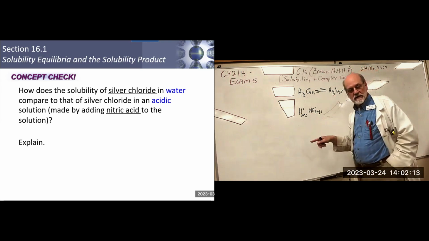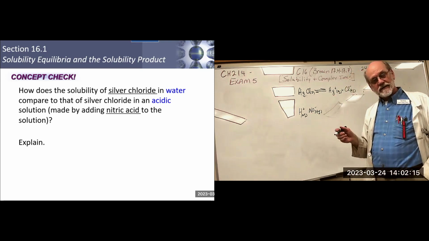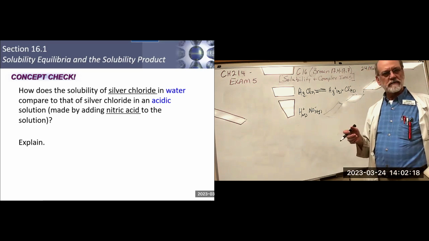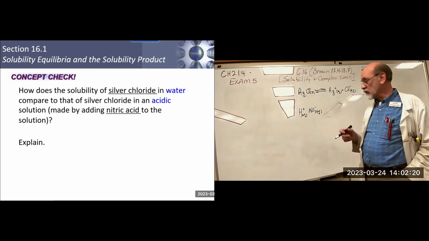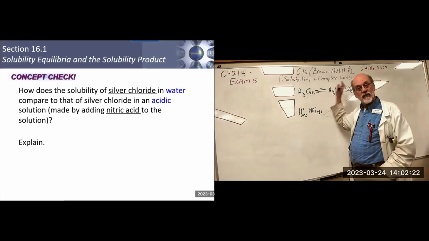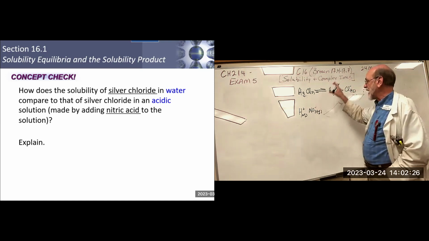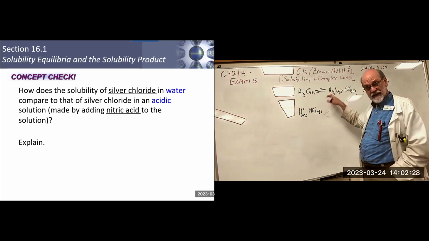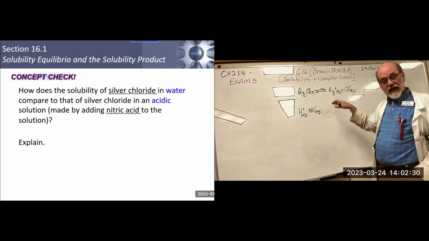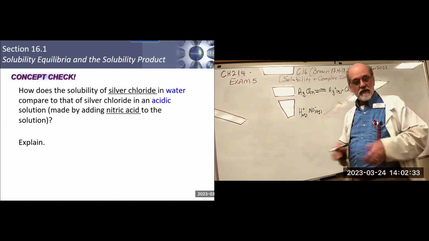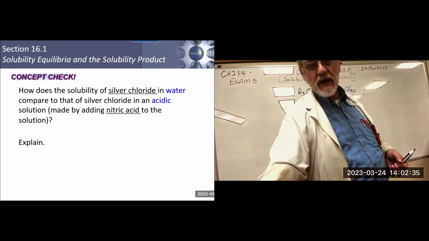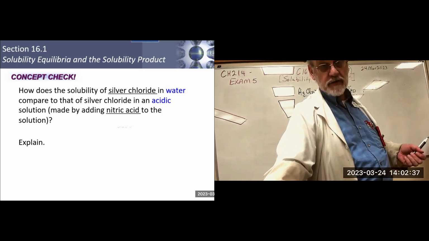How about this one? Silver and nitrate. How do they react? Well, if you look it up in your solubility chart, you'll find that silver nitrate is completely soluble. So they're not going to associate either. There are no common ions in here to affect this equilibrium. Nitric acid will have no effect whatsoever on the solubility of silver chloride in aqueous solution.